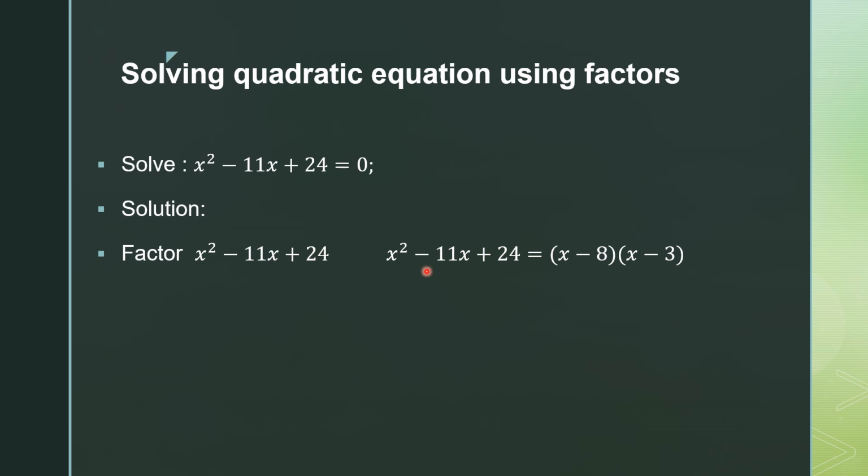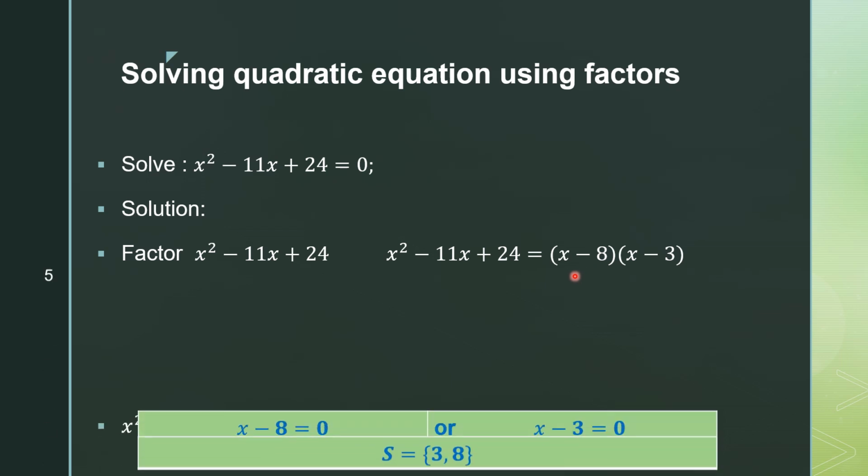The sign of the middle term is negative, so both of them should be negative. So the factorization of the left-hand side of this equation is these two brackets. To confirm your factorization, if you multiply out these two brackets, you should get the left side of this equation.